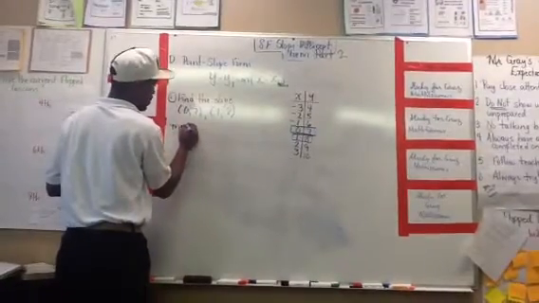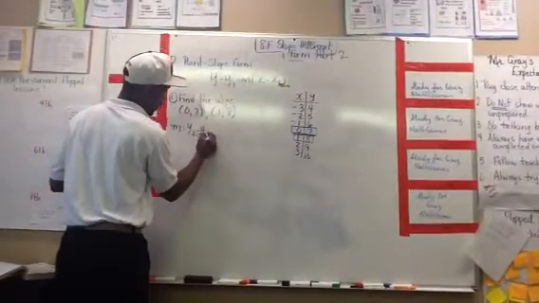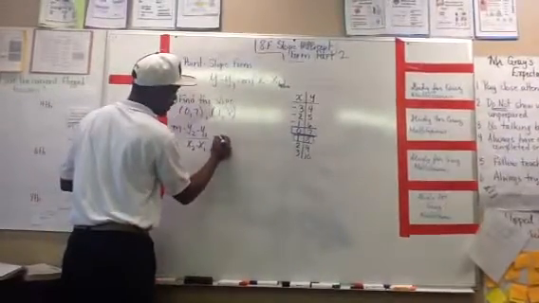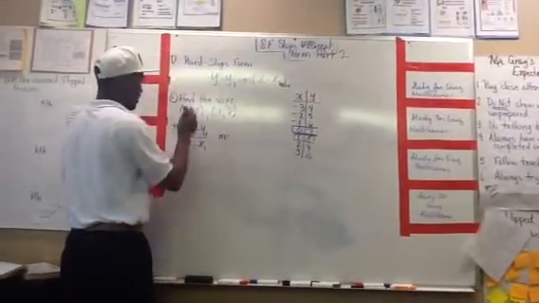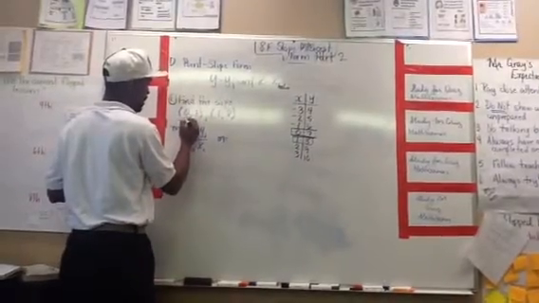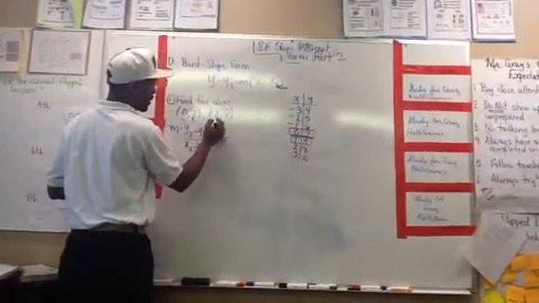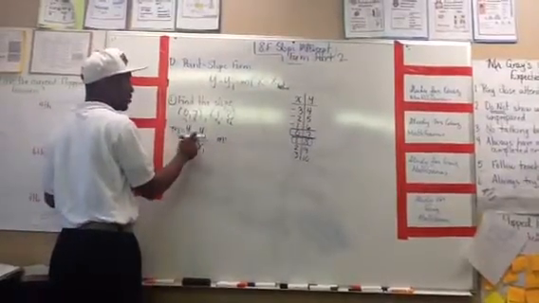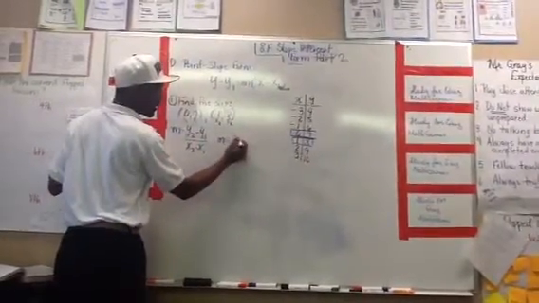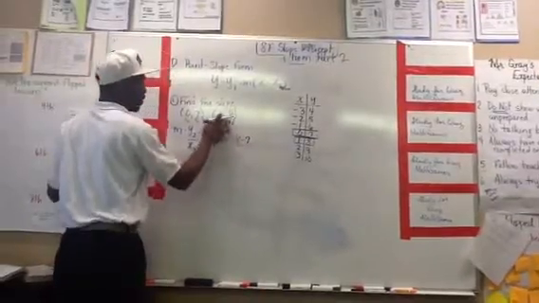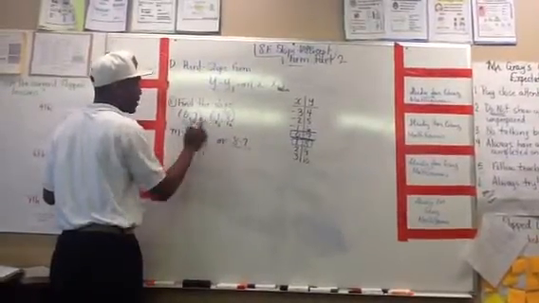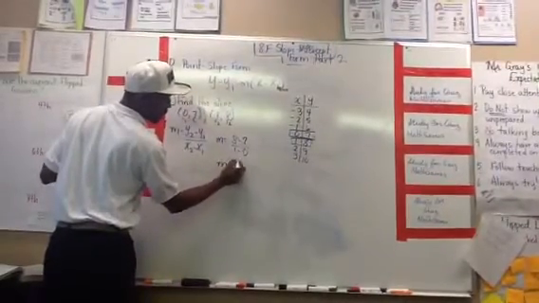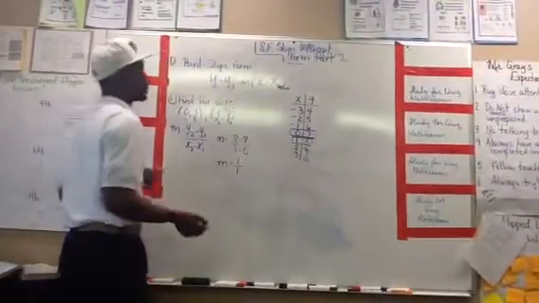M equals y2 minus y1 over x2 minus x1. So M equals, if this is point 1, we'll call this x1, y1, x2, y2. y2 minus y1 means 8 minus 7. And then x2 minus x1 means 1 minus 0. So M equals 1 over 1. So the slope is 1.